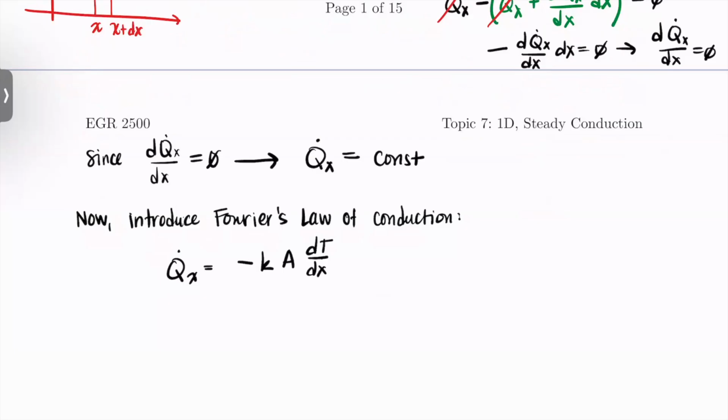All right, so I'm going to put this whole thing into here. So I have that the dx derivative of minus k a dT dx is equal to 0.